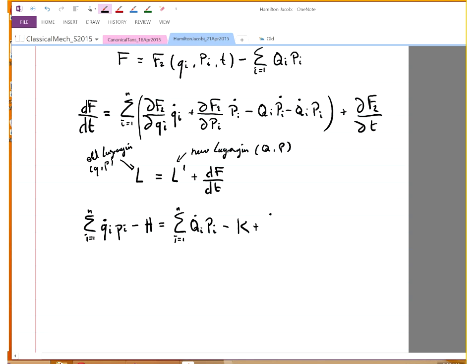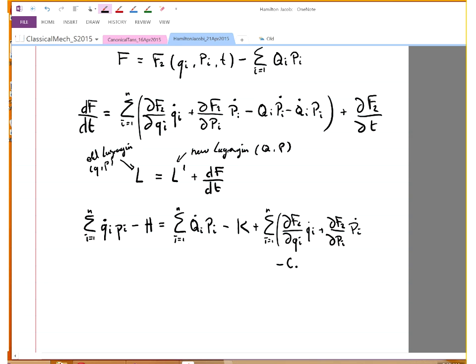And when you run out of space, well, let's try anyway. So now I put in the df by dt term, so that's going to be the sum from i equals 1 to n. I have ∂f2 by ∂lowercase qi times qi dot, plus ∂f2 by ∂capital Pi times Pi dot.